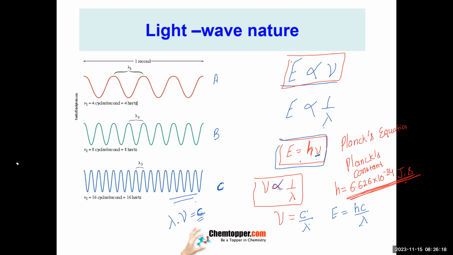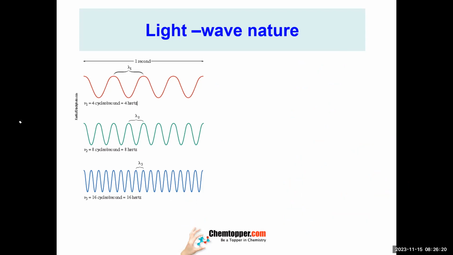If the equations are clear, let's try to understand one thing. E is equal to hv, Planck's equation, which can be written as hc over lambda. Answer my question. Very simple question based on this equation.